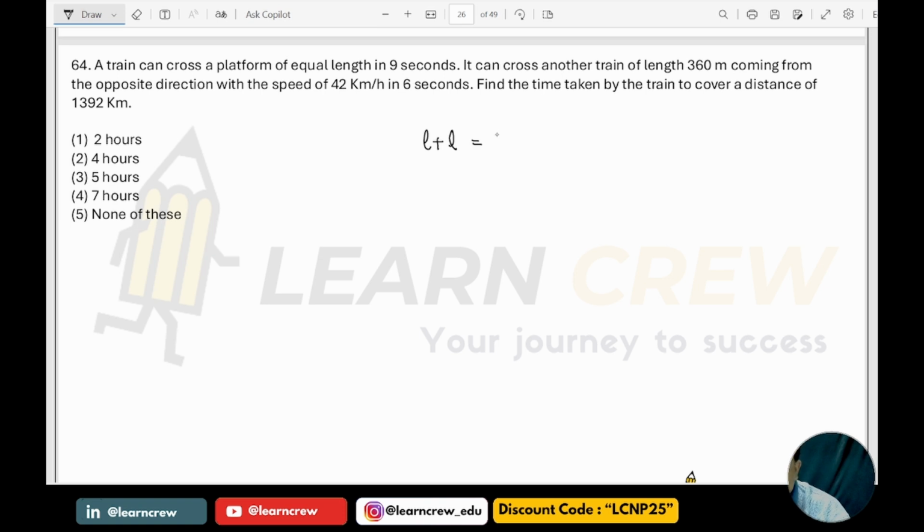Speed S km per hour is converted into meters per second. Speed into time is 9 seconds. So thereby 2L is equal to how much? 5S by 2, thereby L is equal to 5S by 4. Now, train crossing another train, L plus 360. Both are moving in the opposite direction.